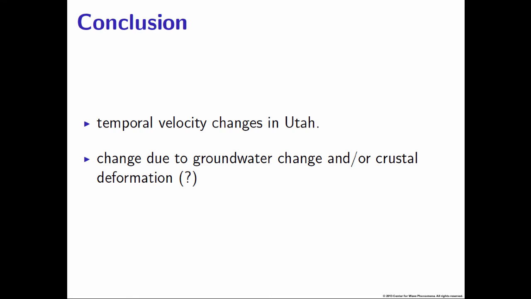But in our study, we are still making the connection between the estimated velocity changes and their causes. For now, we don't have a definite answer, but the velocity changes might be a result of broader crustal deformation within the area or changes in the groundwater level across our monitored region.